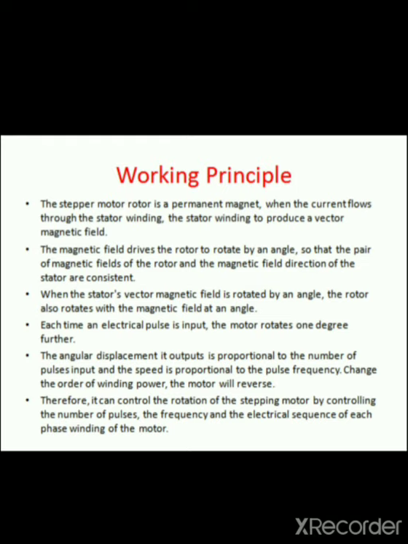Change the order of winding power, and the motor will reverse. Therefore, we can control the rotation of the stepping motor by controlling the number of pulses, the frequency, and the electrical sequence of each phase winding of the motor.